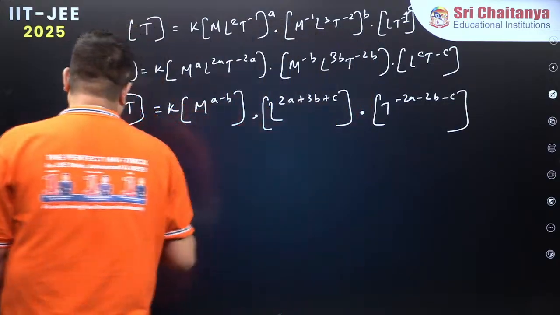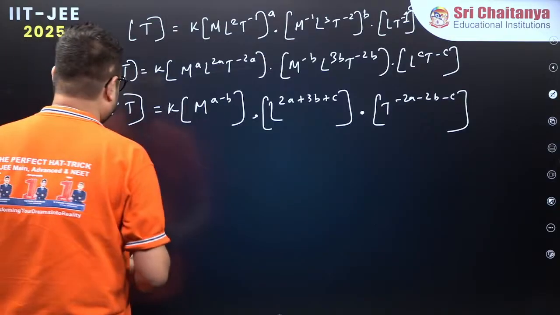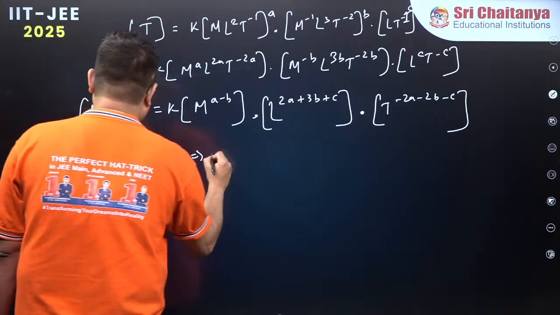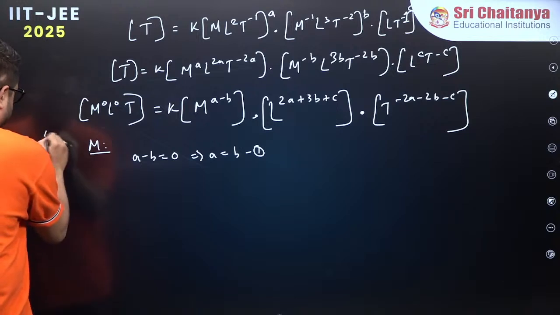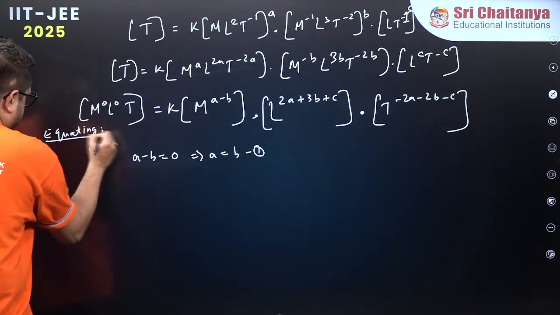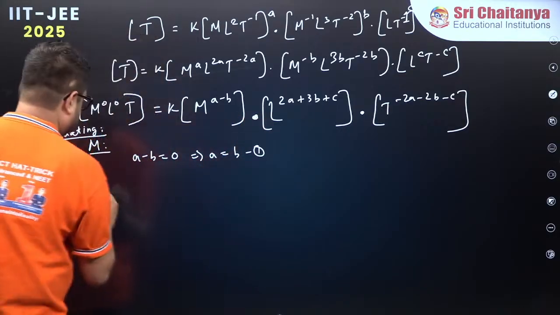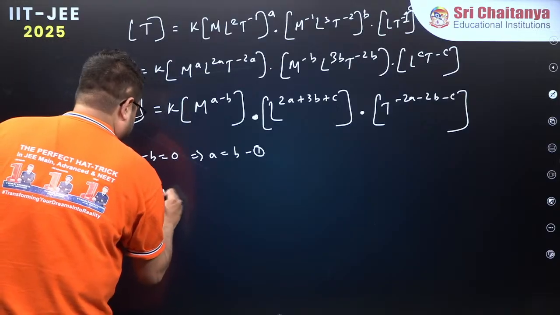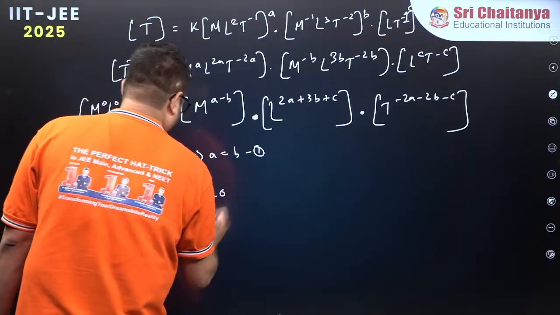Now what we have to do, we need to equate mass, length and time. So if I equate mass, what I will get? A minus b is equal to 0. We can say that a is equal to b, mark it as equation 1. Now equating mass, length and time on LHS and RHS, if I equate the length, then what I will get, 2a plus 3b plus c is going to be equal to 0.